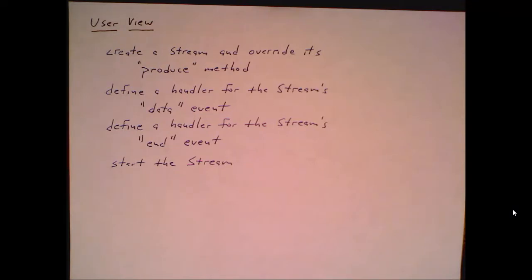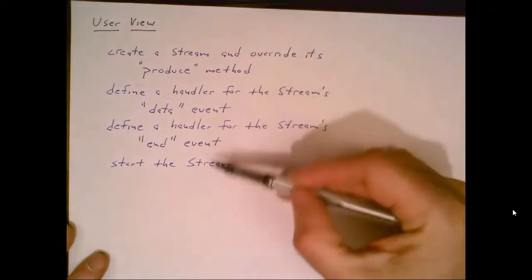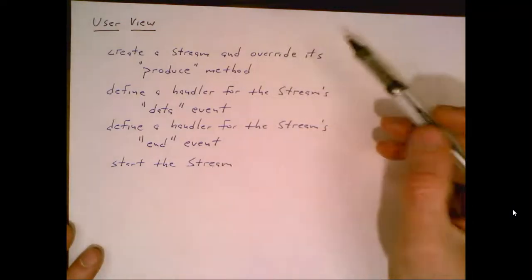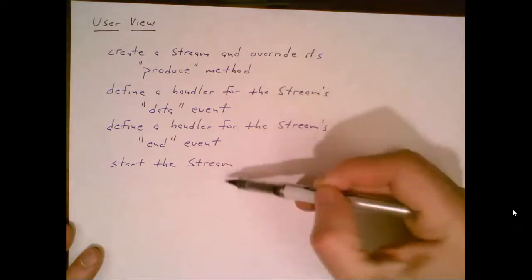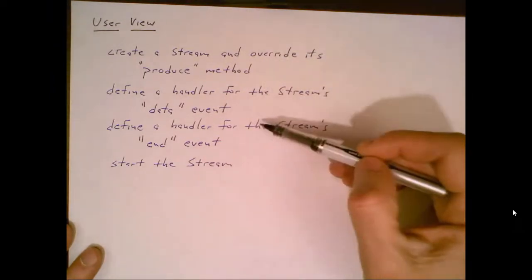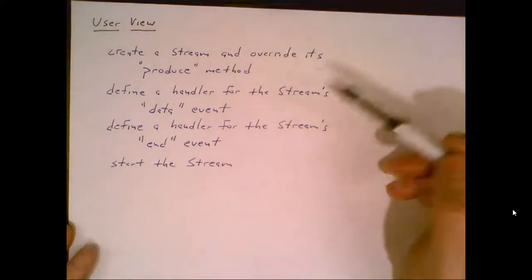Then the user would define a handler for the stream's data event and a handler for the stream's end event. And then it would just start the stream. That's it. So from this point of view, the user just does four sort of sequential events. Create a stream, define the handlers for these two events, and start the stream.